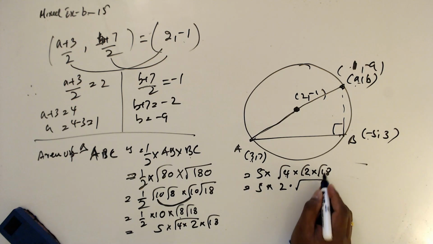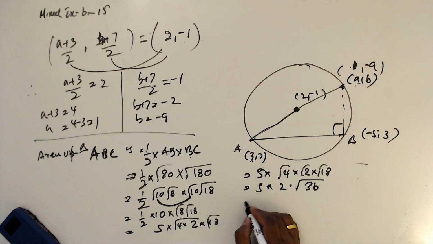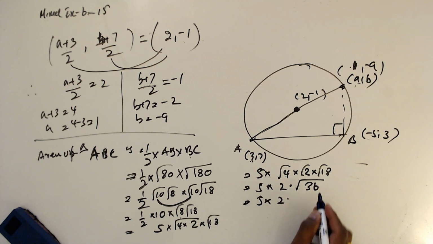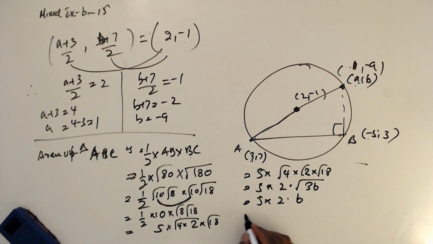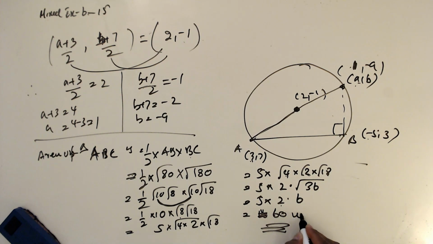Now I'll put inside, this is going to be 18 times 2, 36. So 5 times 2, square root 36 means 6. So then 6 times 2, 12, 12 times 5, 60. 60 unit square.